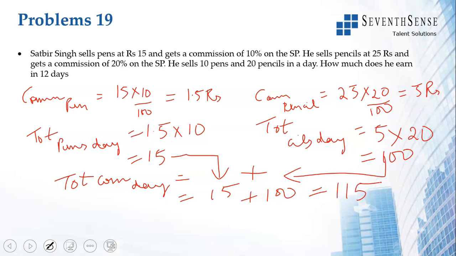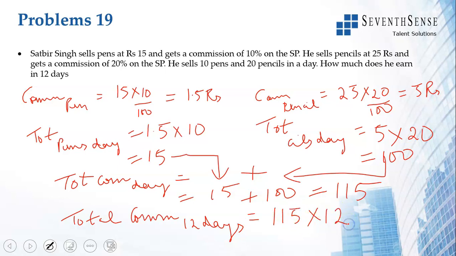If he's earning 115 in 1 day, the total commission in 12 days is equal to 115 into 12. 115 into 12 is 1150 plus 230, which is 1380.